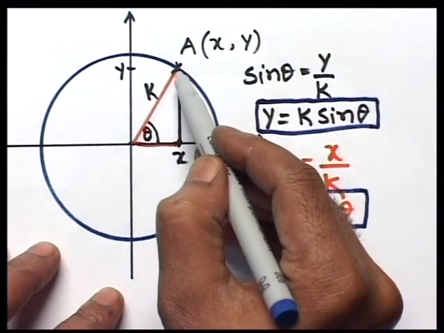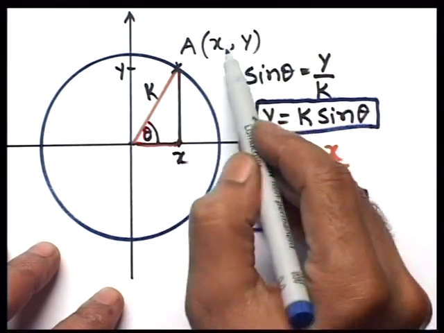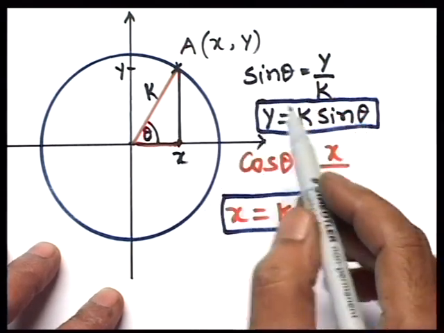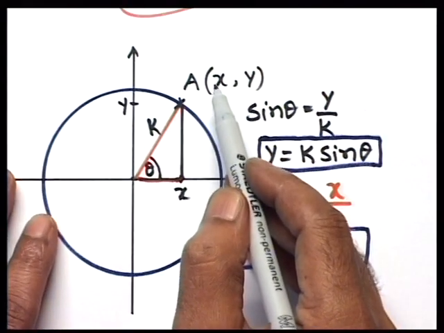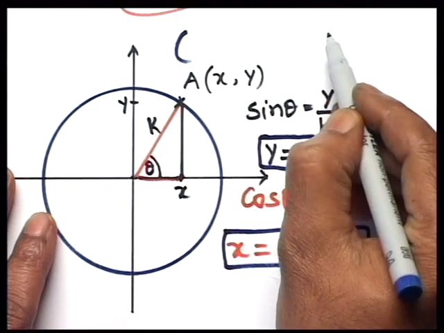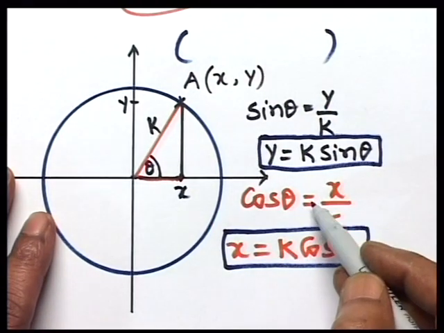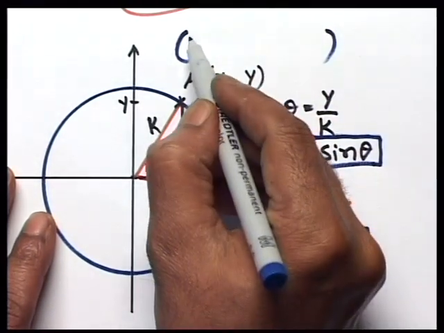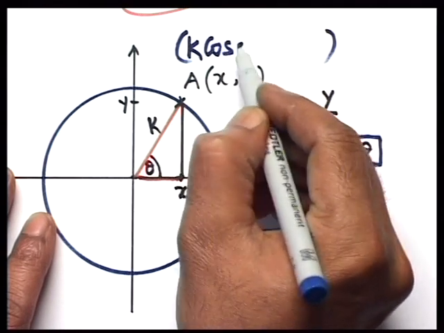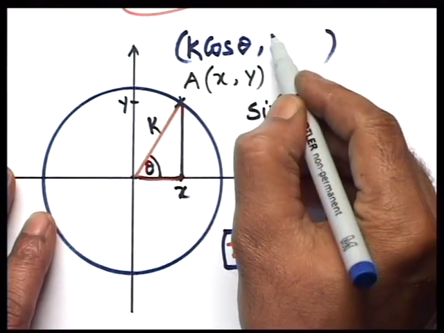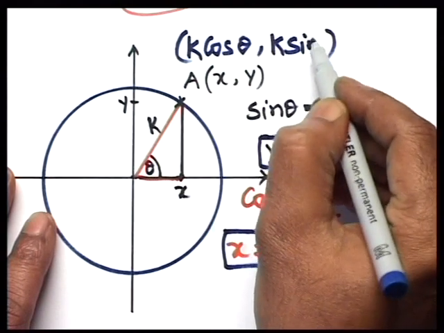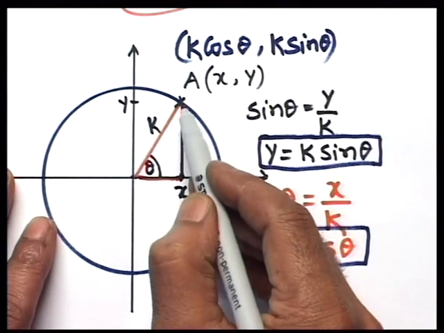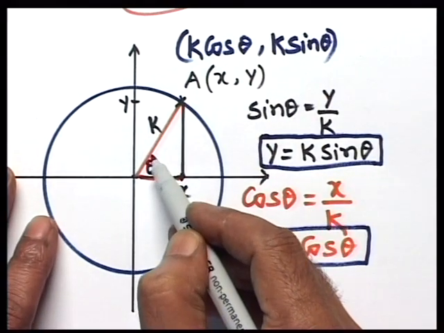So the point A has coordinates x and y, that we know, right? But I can change the coordinates now using those two: x equals k cos theta and y equals k sine theta. So they also show the coordinates there, depending on the value of theta.